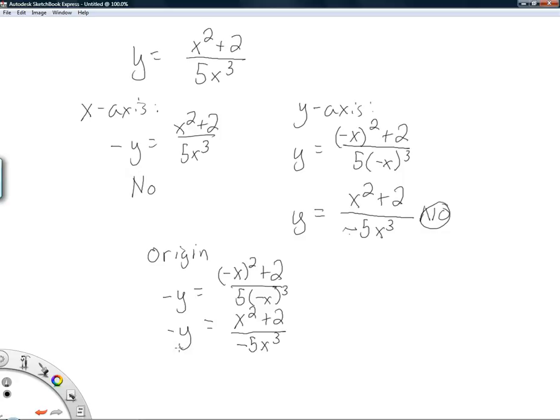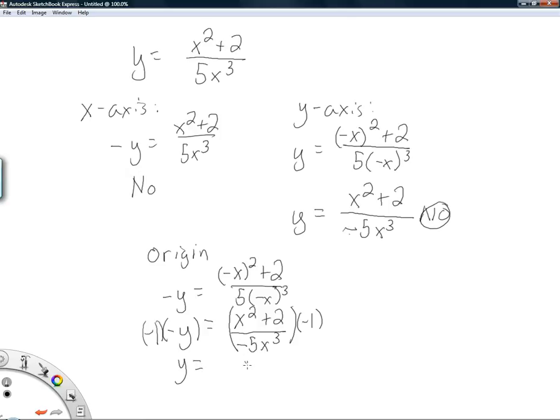Let's look at this a little further. We know from previous algebra skills that if you want to multiply something, you do it to both sides. So I'm multiplying both sides by negative 1. Left-hand side, y.